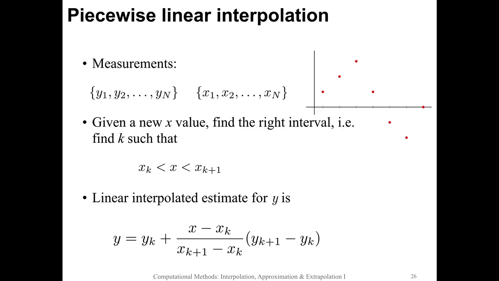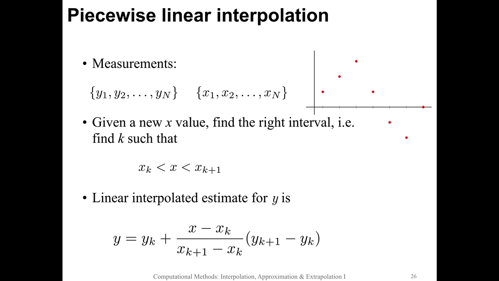So a good example of piecewise interpolation is piecewise linear interpolation. So again, we have a set of measurements, which are shown here by a set of y's at a set of knot point locations, which are shown here by the x's. We have n values in this case.